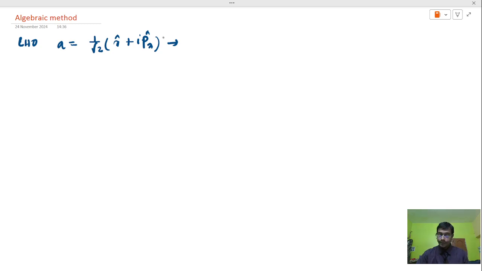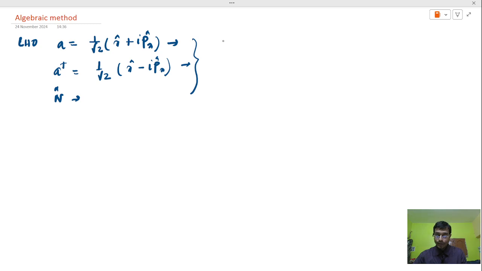This is the lowering operator or annihilation operator, and a dagger is 1 by root 2 times (x minus i px). This is the raising or creation operator, and another one is n, the number operator.